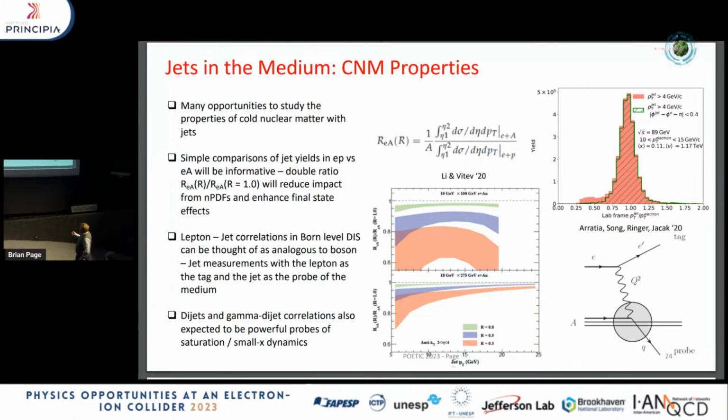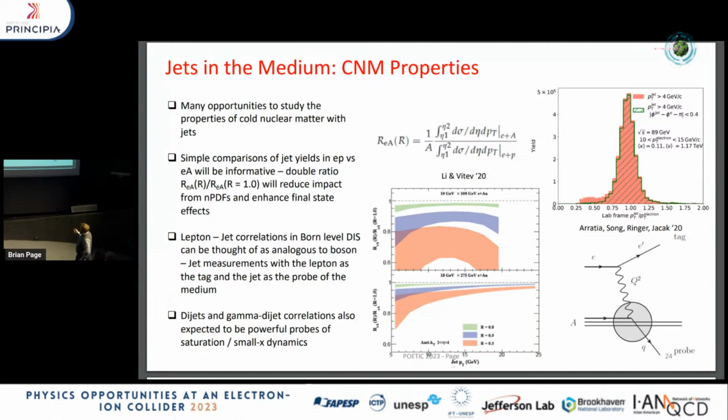Somewhat analogous to, say, a boson-jet measurement in a heavy ion collision, where you look at, say, a photon-jet correlation to learn about how the jet is modified as it goes through hot matter. You can look at the scattered lepton and then look at how the jet is modified as it moves through the nucleus.